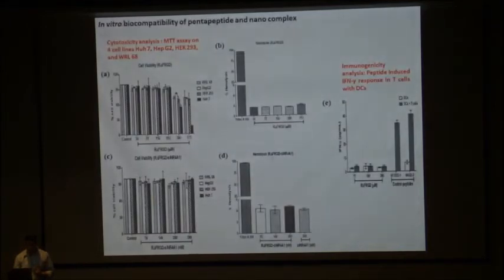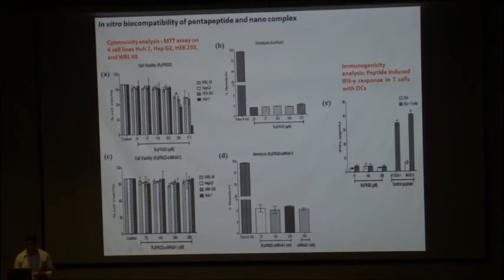First we checked the in vitro biocompatibility. The whole RGD peptide without any siRNA we checked in 4 cell lines, and only at a very high concentration of RGD did we get cytotoxicity. 773 micromolar is a very high concentration to create cytotoxicity.